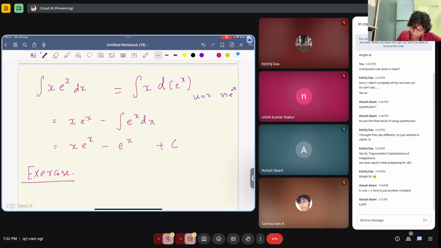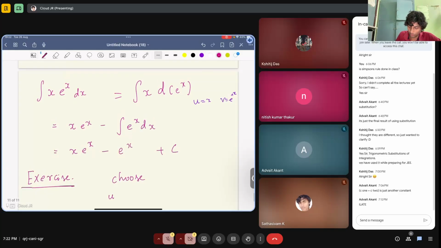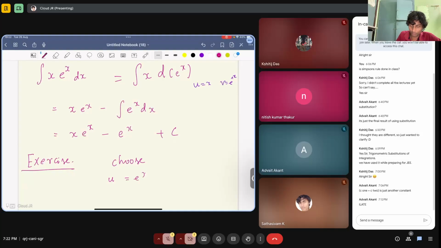Okay, and I will tell you, choose u to be different. Let's say choose u to be e power x, and choose v to be 1 by 2 x square. Let's say, I think this will work, right?